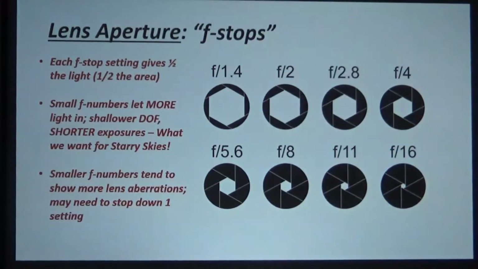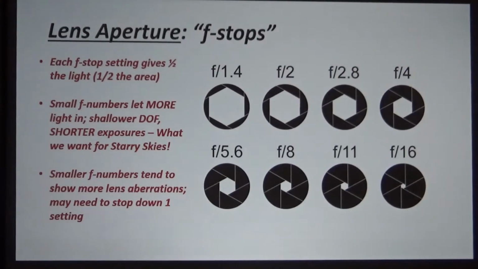Just a little note about f-stops or f ratings on lenses. Typically what will happen is you'll see a number like f1.4 or f1.8 or something, and in this example here, every full f-stop that I have here is actually halving the light.